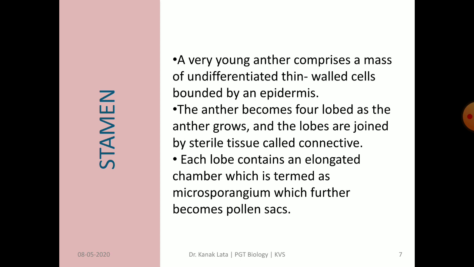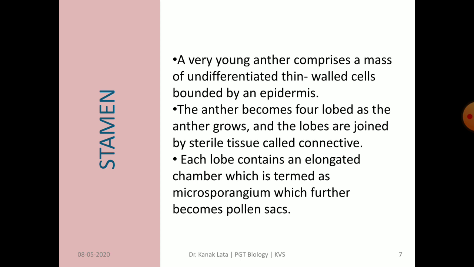A very young anther consists of a mass of undifferentiated thin-walled cells bounded by an epidermis. As the anther matures, it becomes 4-lobed and the lobes are joined by connective, which is sterile tissue.